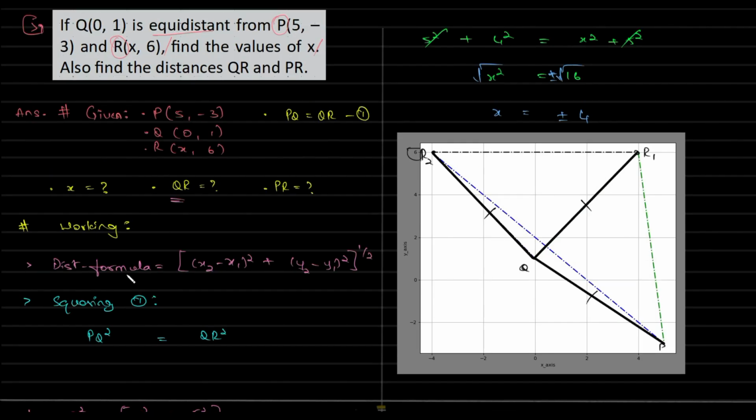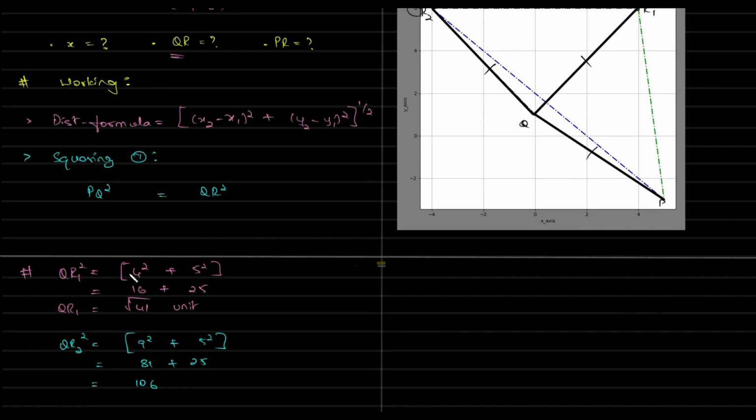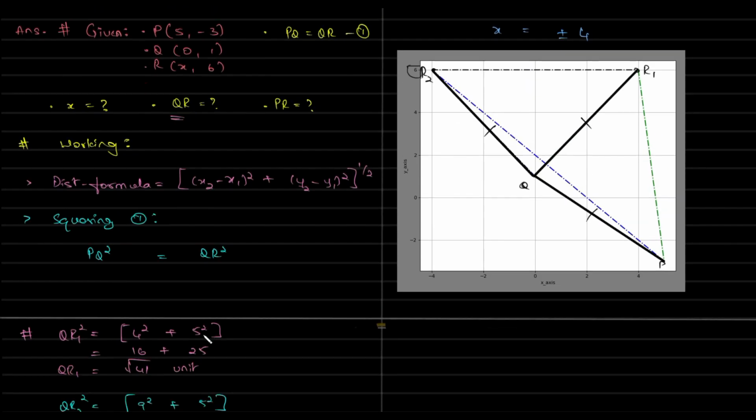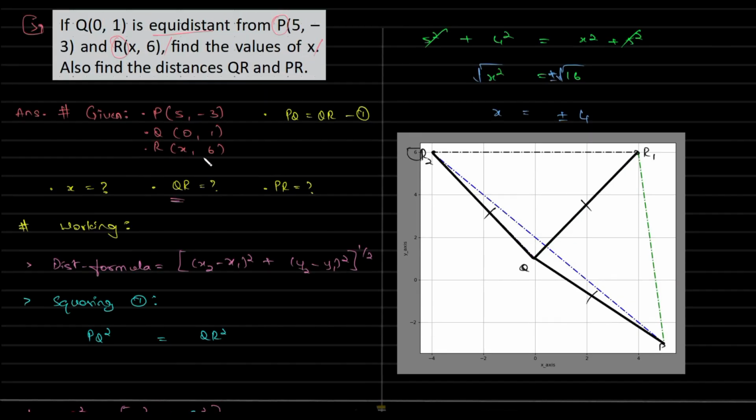R is minus 4. So 5 plus 4 is 9, and 6 minus minus 3 is also 9. Wait, did I do this wrong? I hope I'm not making a silly mistake. Oh, I'm finding QR, sorry.